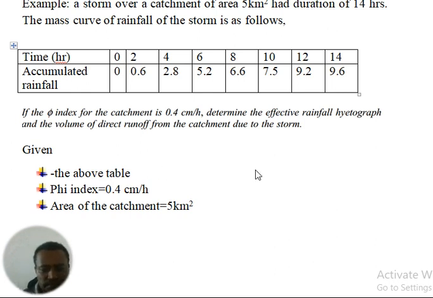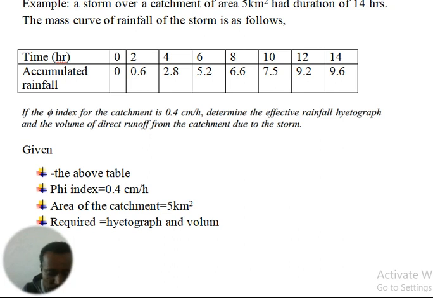Now, the required are the hyetograph and the volume of direct runoff.